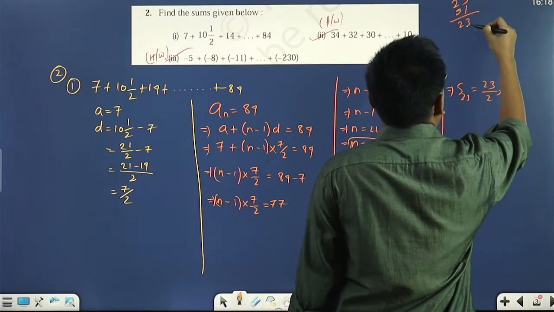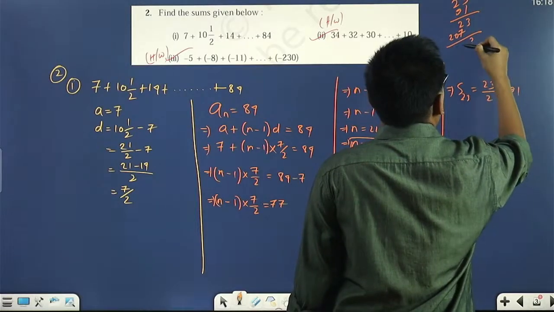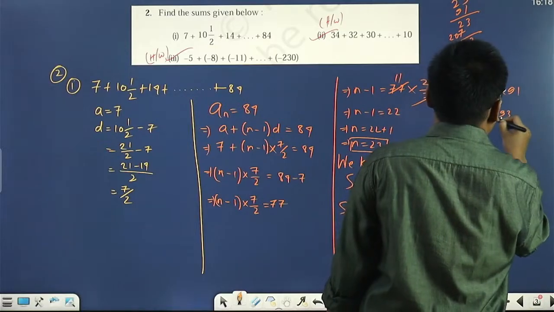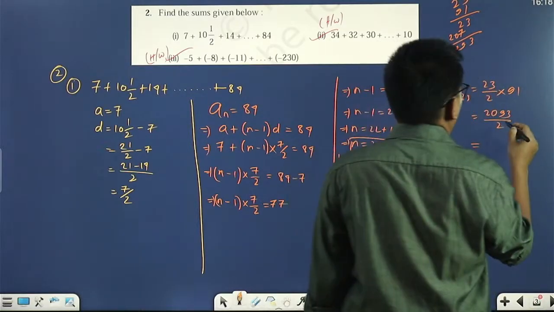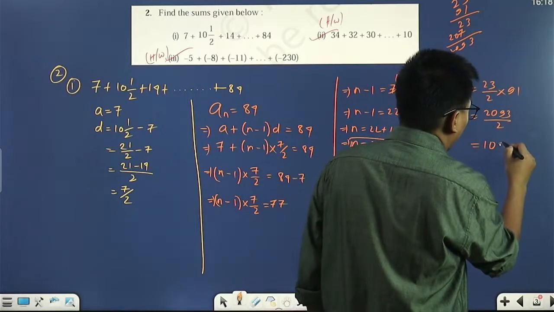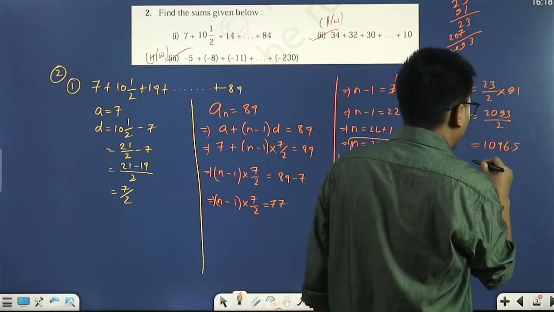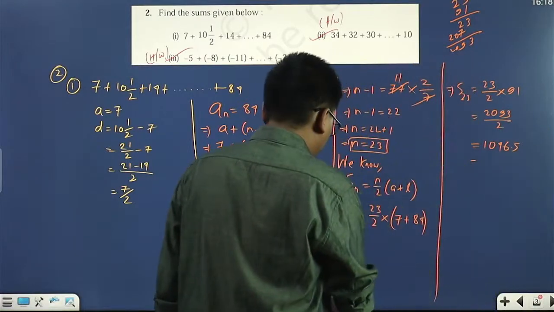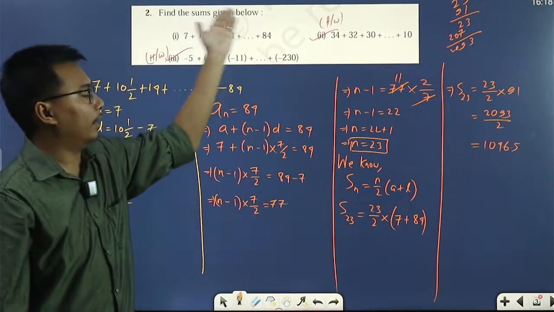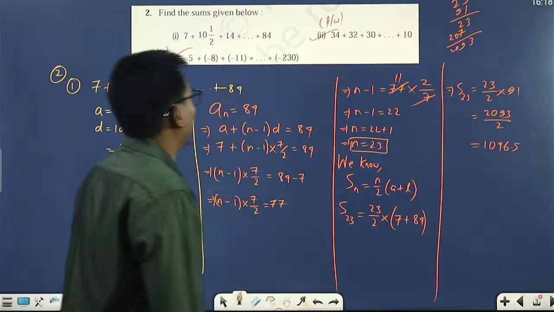We get 2093 divided by 2. So 1046.5 will be the sum of this. That's how we solve this particular question.